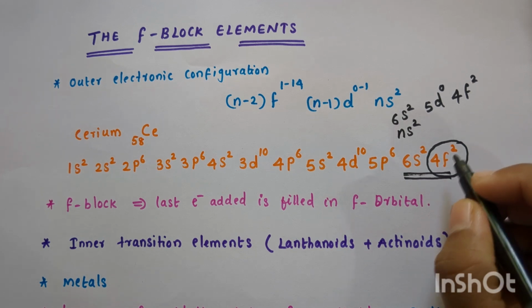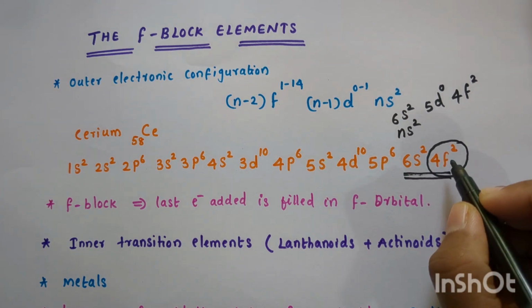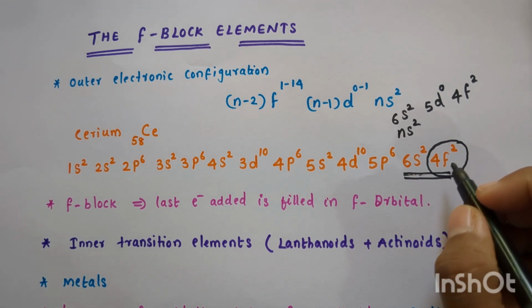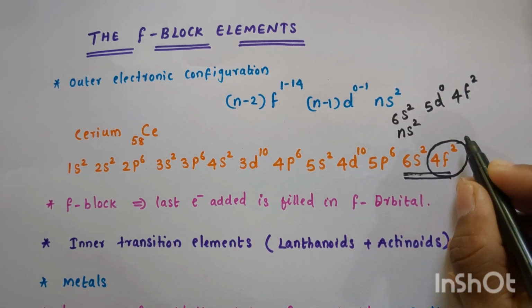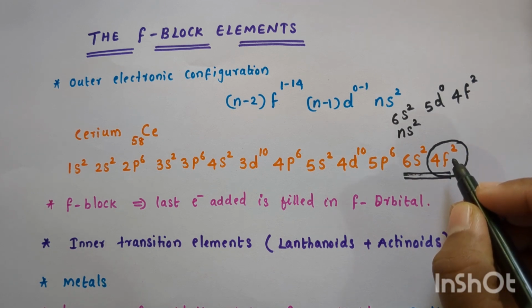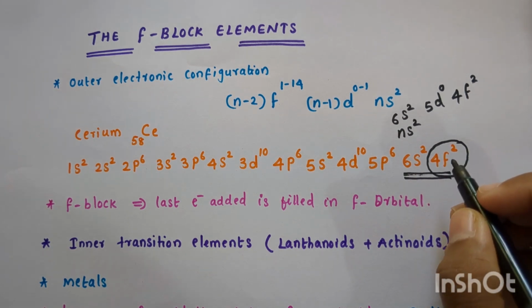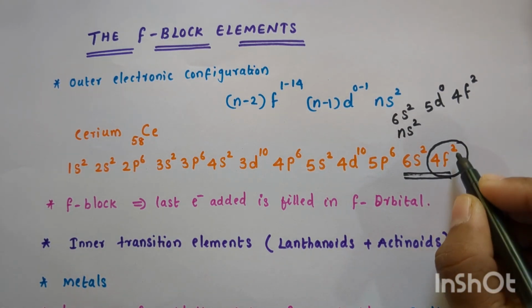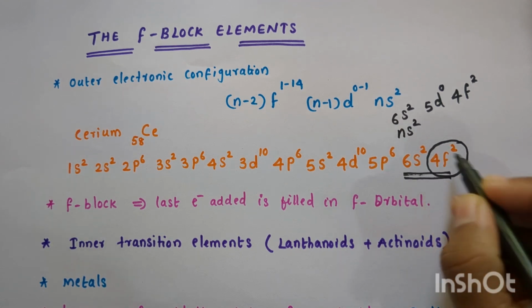Similarly, for any other f-block element, the f orbital will not be completely filled. So in the f-block elements, the last electron added to each element is filled in the f orbital, because the f orbital is not completely filled.